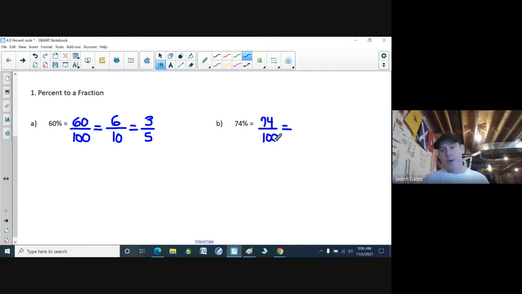I do know that 74 and 100 are even numbers, so I'm going to divide both of them by 2. So 100 divided by 2 I know is 50, and 74 divided by 2 is 37. And now that is a fraction in lowest terms because there isn't a number that goes into the numerator and the denominator evenly. And so 74% as a fraction would be 37 over 50.